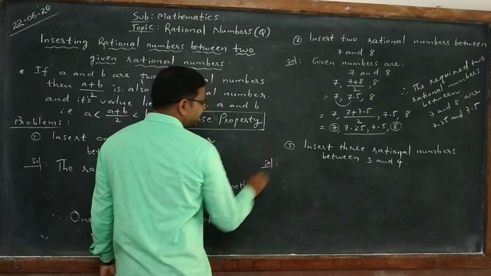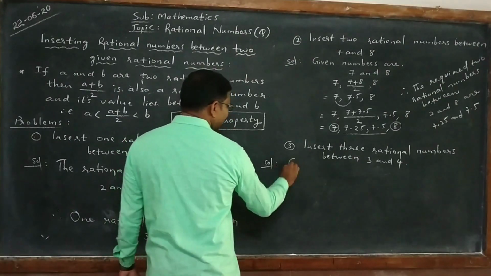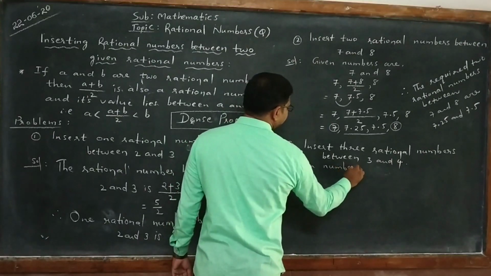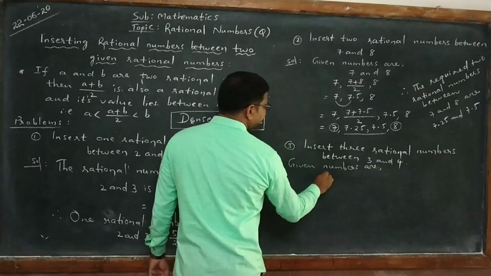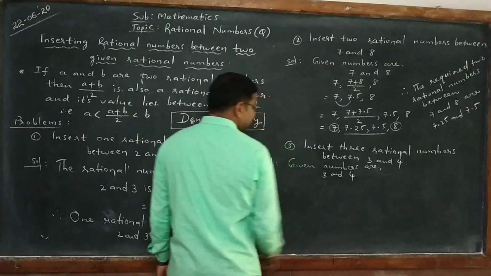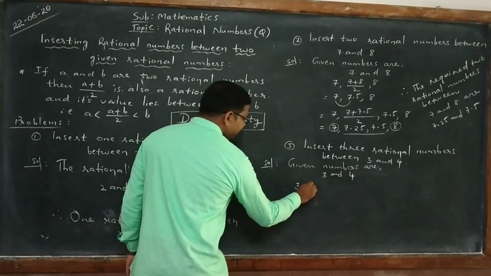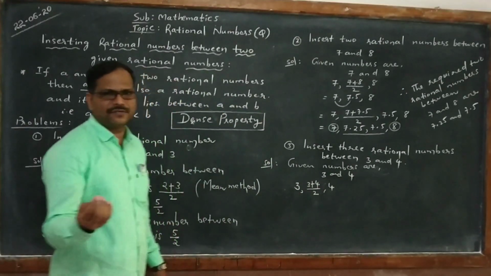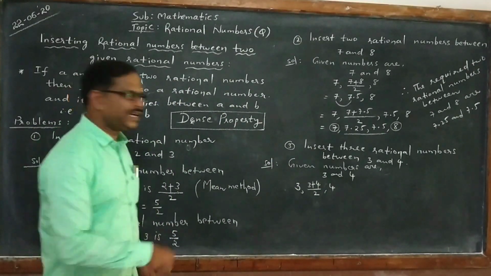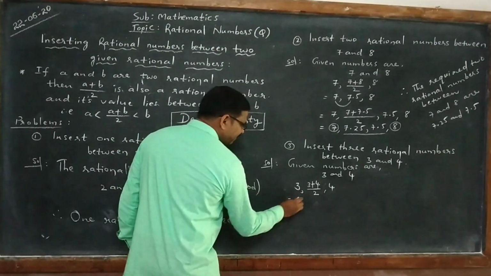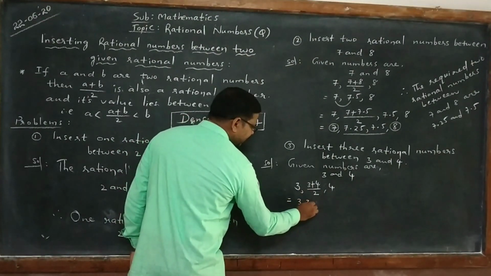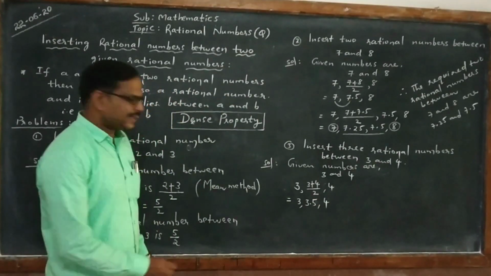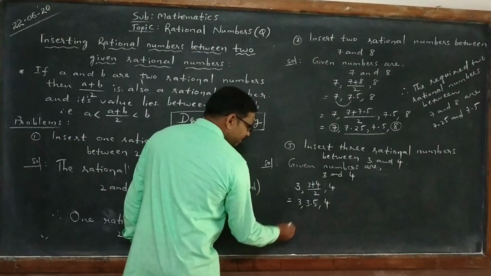Now I want to find three rational numbers. How? Same method, mean method I am going to use. Given numbers are 3 and 4, right? Between 3 and 4 I can take one value (3 plus 4) by 2, that means 7 by 2. Can I take 3.5? Okay, 3, 3.5, 4.